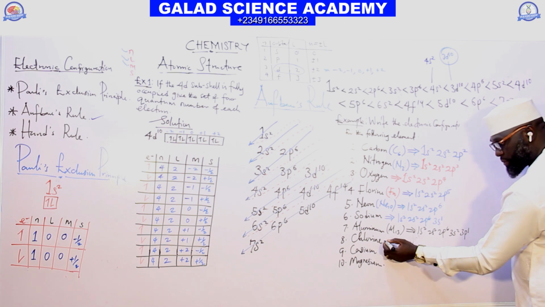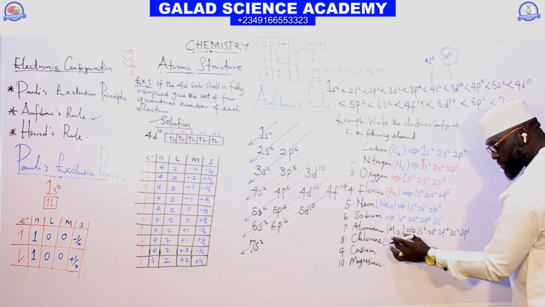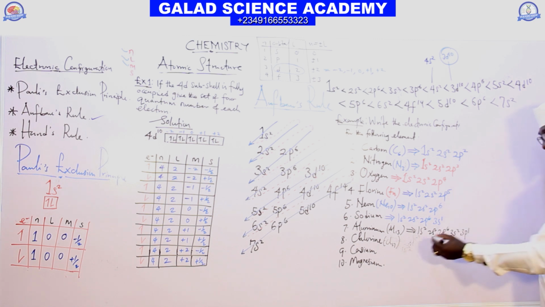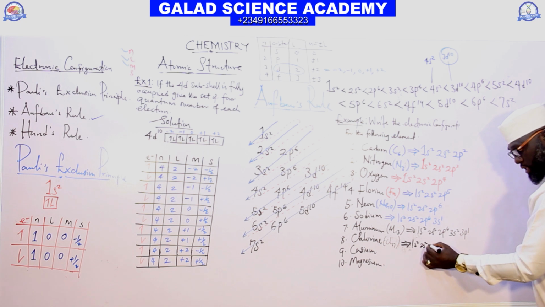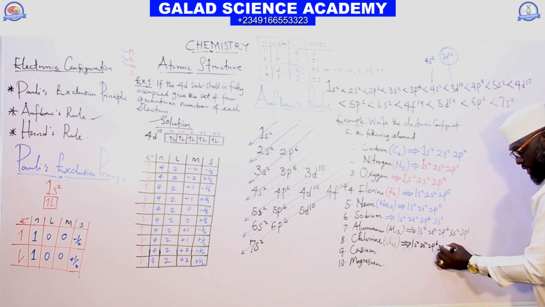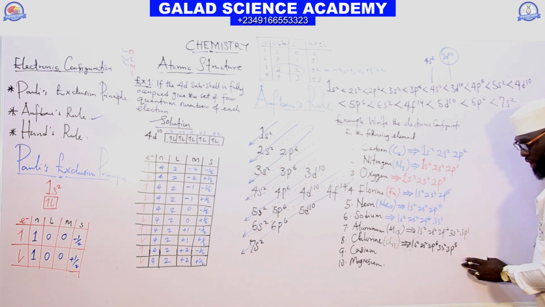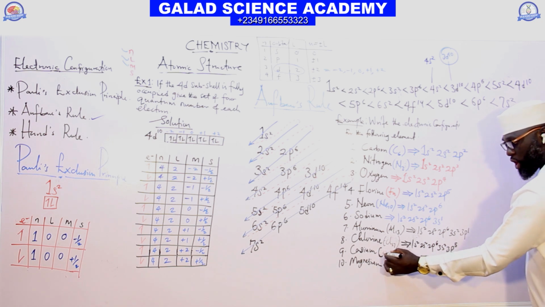So for chlorine, chlorine is 17. The configuration for chlorine will be 1s2, 2s2, 2p6, 3s2, 3p5.